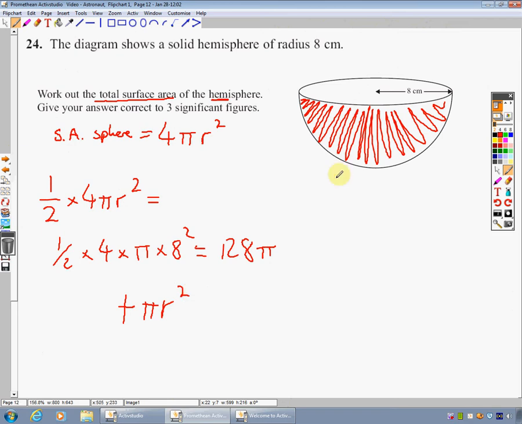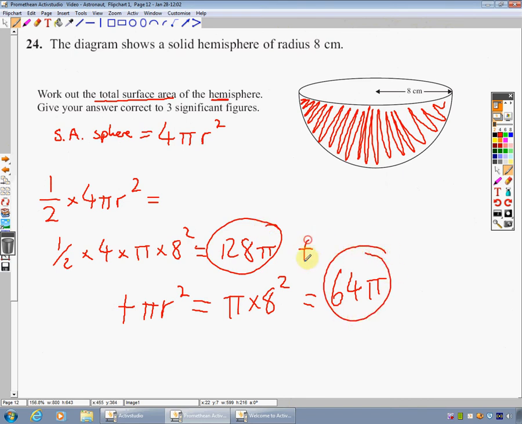So I've got my 128 pi plus 64 pi, which is going to give me 192 pi. And if I multiply that out with pi as a decimal, writing out all the values in my calculator, 603.1857895, and it's asked me to do it to 3 significant figures.